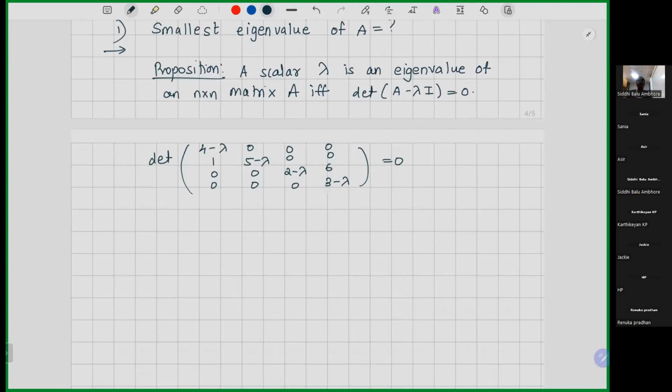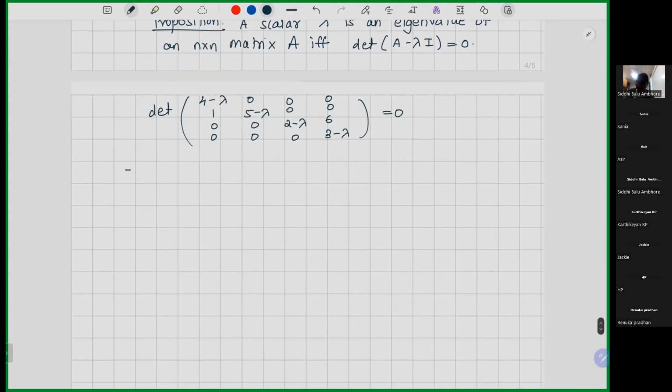Okay, I have to calculate the determinant of this 4 cross 4 matrix, and I will calculate it with respect to the first row. So it will be 4 minus lambda into the determinant of this thing, which is 5 minus lambda into 2 minus lambda into 3 minus lambda, minus 0. The other terms are only zeros, so whatever I have there, it will be 0 plus 0 plus 0.